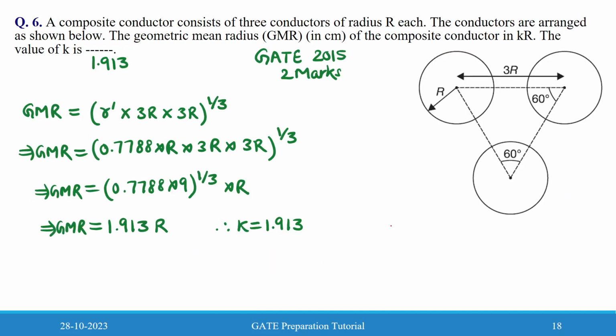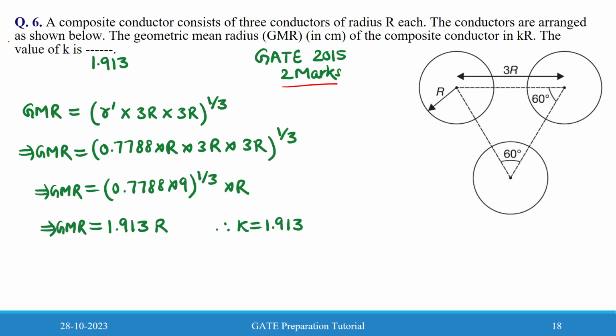And the next problem was asked in GATE 2015. It is also of 2 marks. It is a little bit older, so that's why it is asked for 2 marks. But if this question were asked nowadays, they would definitely ask it as a 1 mark question. In this, we have seen this type of problem, a composite conductor.